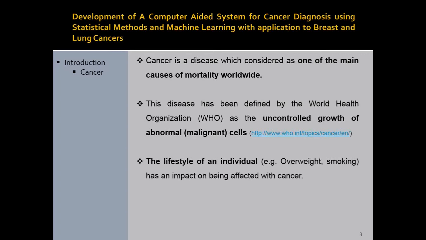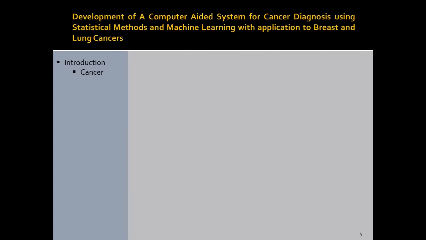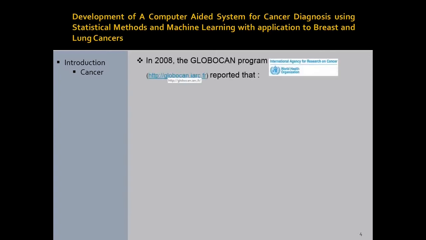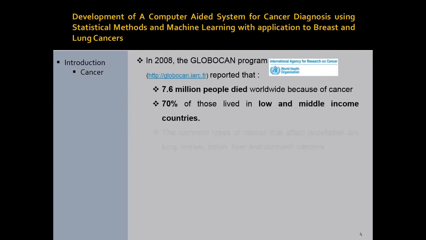And this is just some statistics in the world about cancer. It's caused by the lifestyles of people and usually affects all the human body, could be anywhere. In 2008, 7.6 million people were reported to have passed away in the world. 70% of those lived in low and middle income countries.